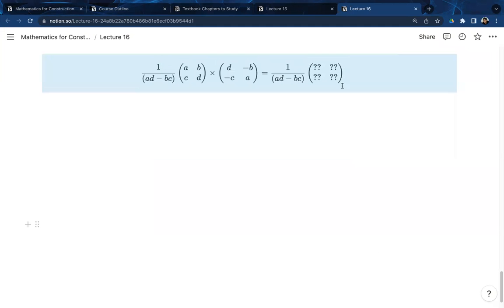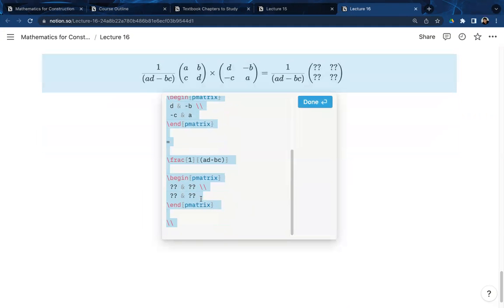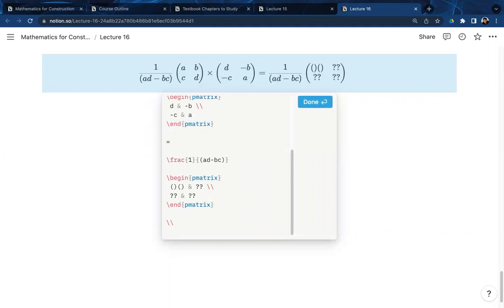Let's scroll. Actually, I could just write the expression: AD minus BC, written in alphabetical order. Top right, first row, second column: this is minus AB plus AB.